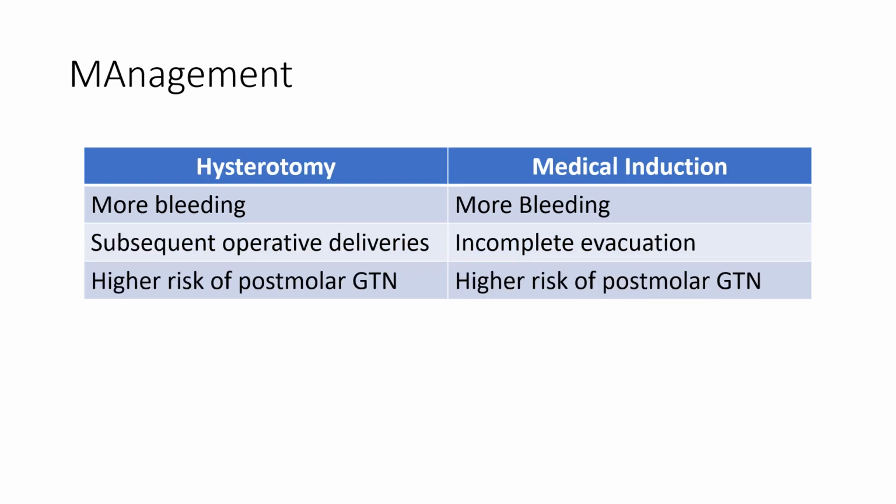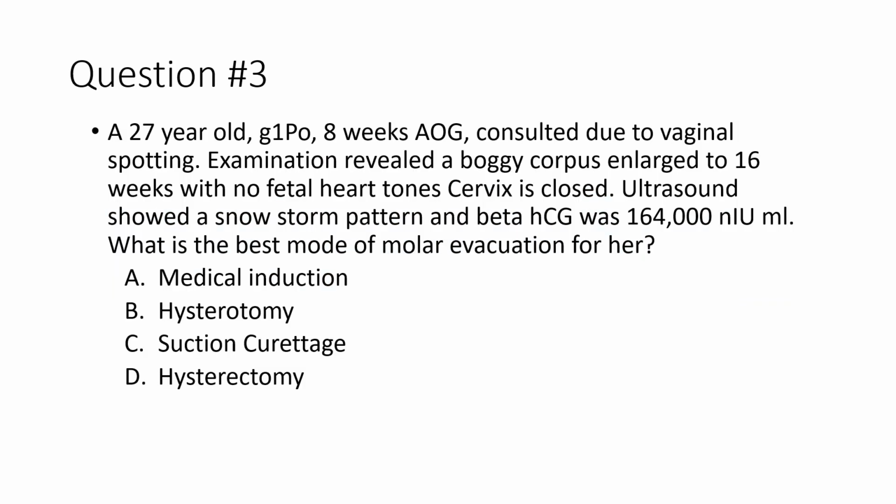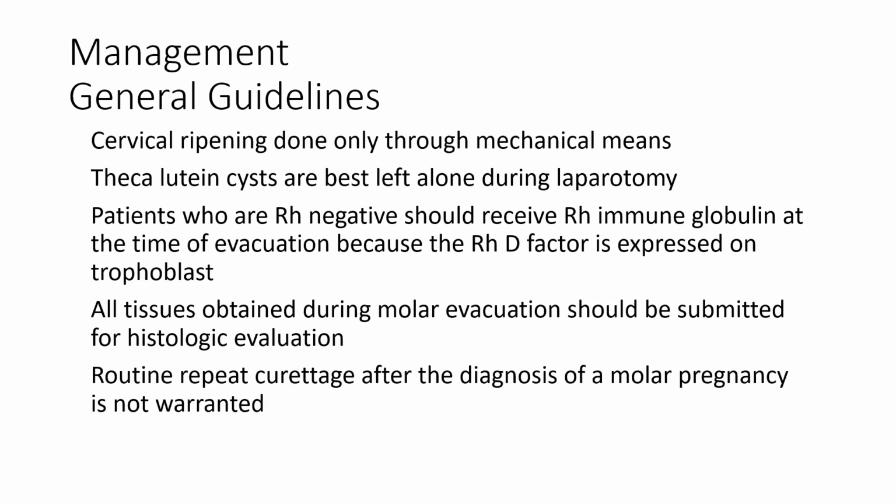Hysterotomy would predispose to more bleeding, would require subsequent operative deliveries, and would bring about a higher risk of post-molar GTN. Medical induction would also have bleeding, may have incomplete evacuation, and also has a higher risk of post-molar GTN. So if you answered suction curettage, you're correct.